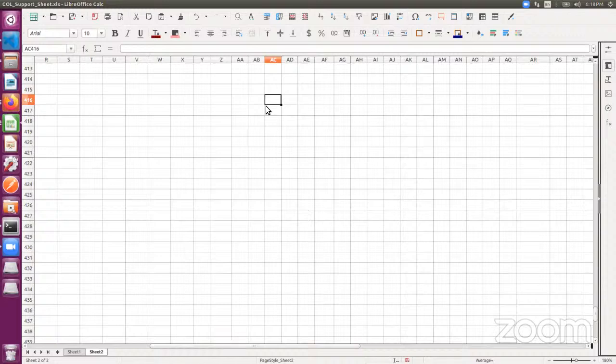Suppose we have 5, 10, 15, 20. This is a sorted array. In this sorted array, I want to insert 12. Where would I insert 12? In between 10 and 15, right? So my new array will become 5, 10, 12, 15, and 20.